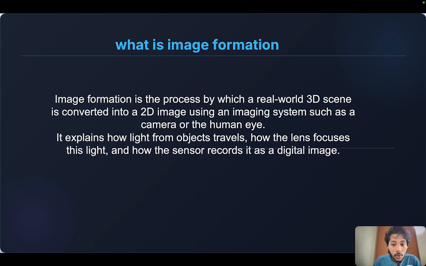It explains how the light from the object travels, how the lens focuses the light, how the sensor reads it, and how it digitizes the reading captured by the sensor.